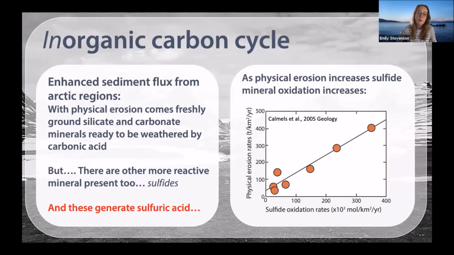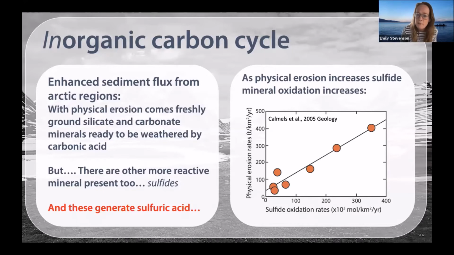But there is also a less common but highly reactive mineral, present in fresh unweathered sediments, called sulfides. When these minerals dissolve and oxidize, they generate sulfuric acid. This is an additional acidity source in addition to the carbonic acid from the traditional carbon cycle, and this can also weather the silicate and carbonate rocks coming from these erosive processes.